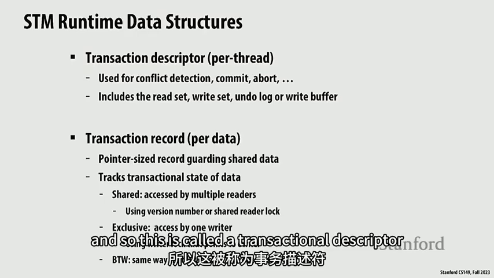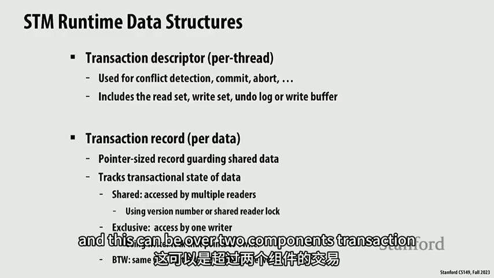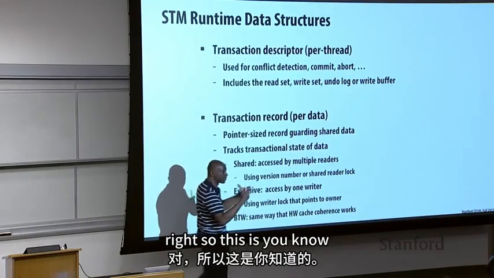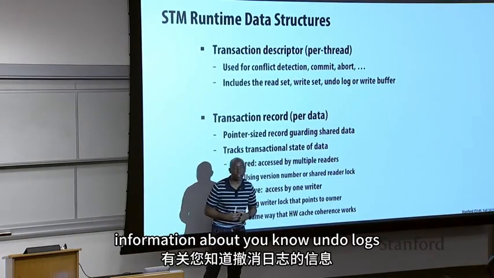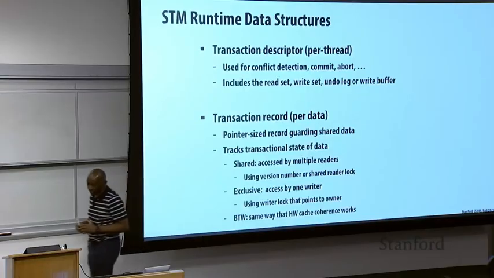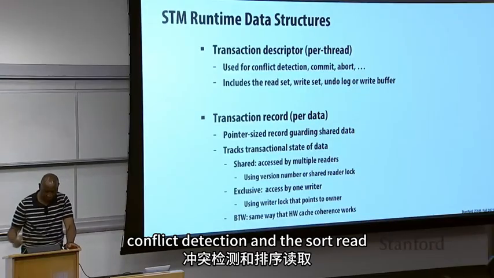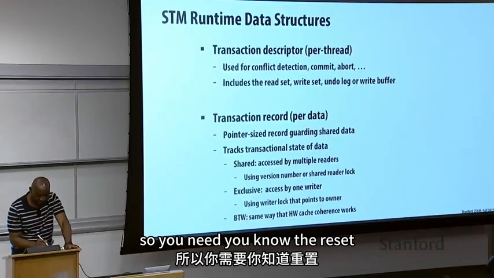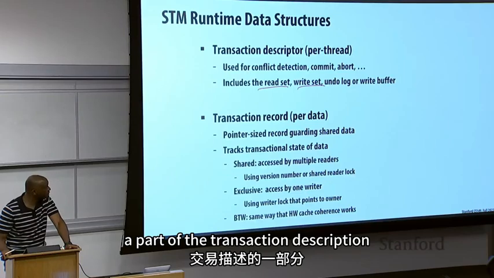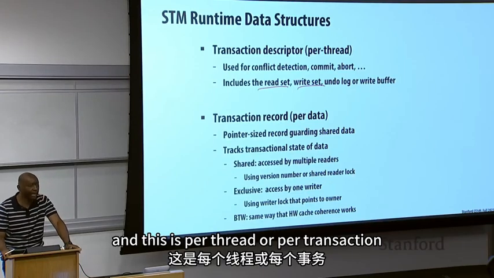This is called a transaction descriptor, and it has two components. There's a transaction descriptor, which is per thread. This is information about undo logs, write buffers, and conflict detection. You need the read set, and the write set is also part of the transaction descriptor. And this is per thread or per transaction.